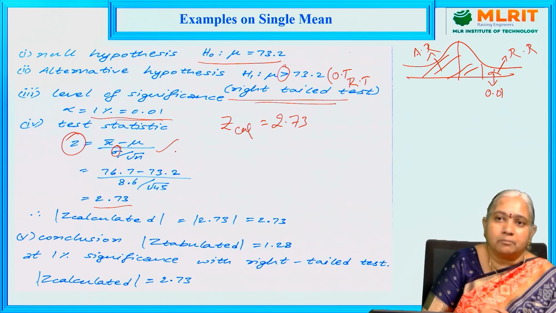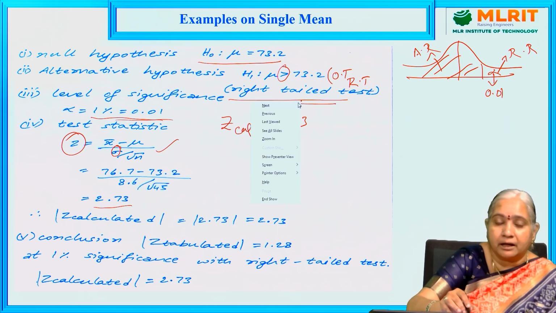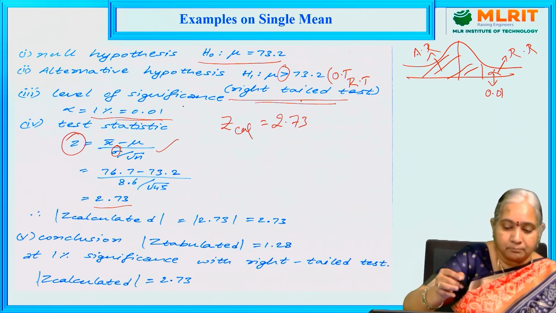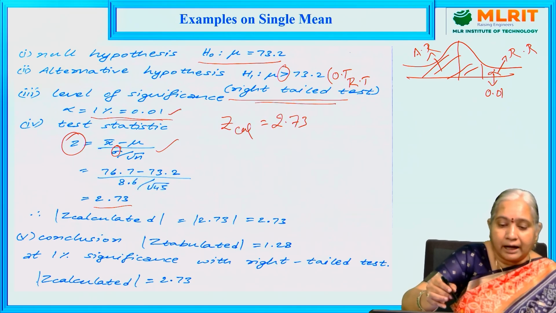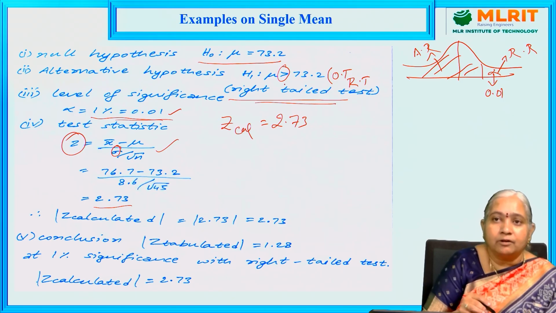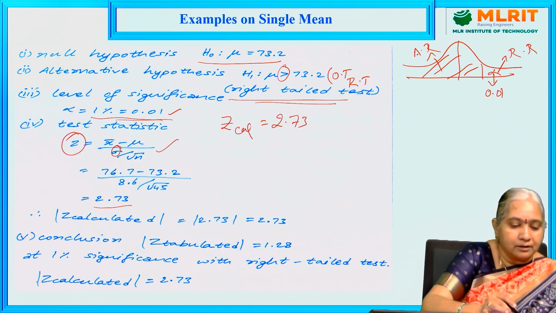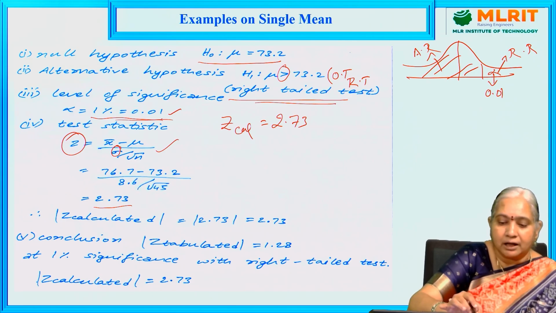Now what is the tabular value for the right tail test? The tabular value depends on the level of significance and the alternative hypothesis. In what way have you defined the alternative hypothesis, two-tailed or one-tailed, and in one-tailed, right-tailed or left-tailed? Based on that, we write the tabular value for Z. Here alpha is 1% and right tailed.